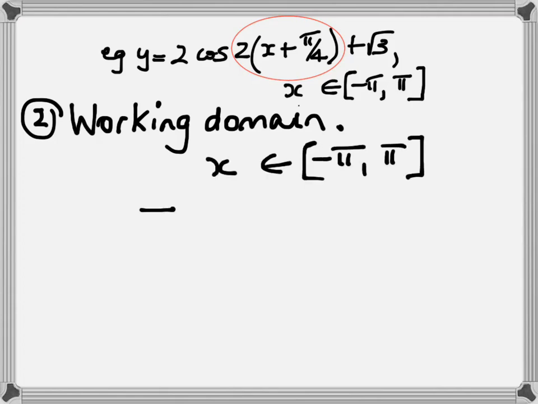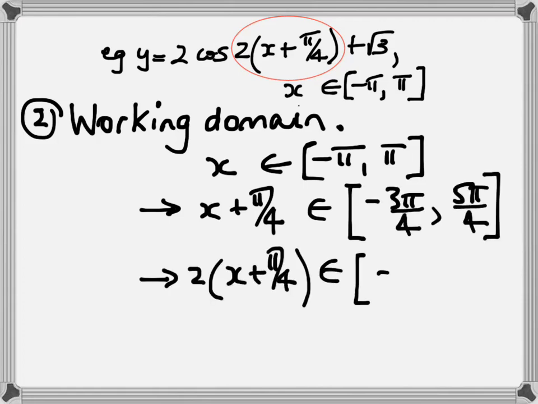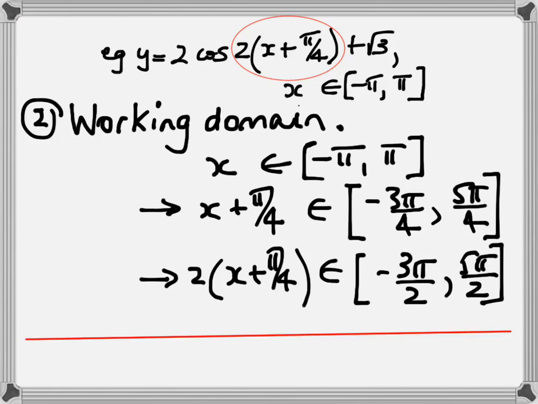So when I've solved for x, I'm working up towards it. I've got x plus pi on 4 equals those 2 numbers, and I've multiplied by 2. So that means I've got my working domain. I'm going to work from minus 3 pi on 2 to plus 5 pi on 2 to find out what my intercepts are.